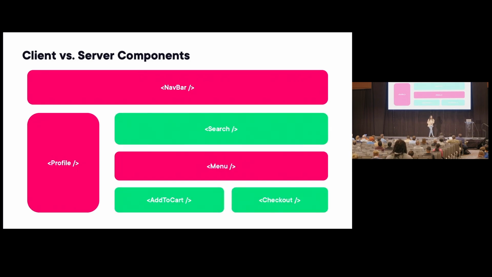So again, the green represents the client, and the pink represents the server components. So the mindset and the thinking and design of how you've done React changes now, because now you have to think about how you want to compose these components and how you want your component tree to look.